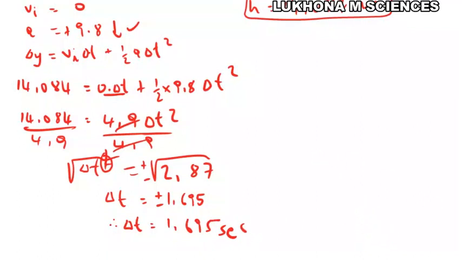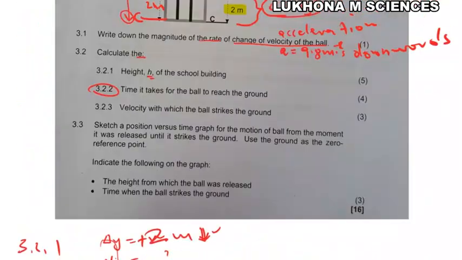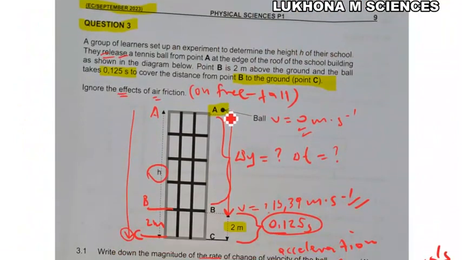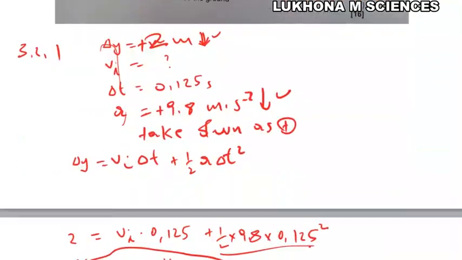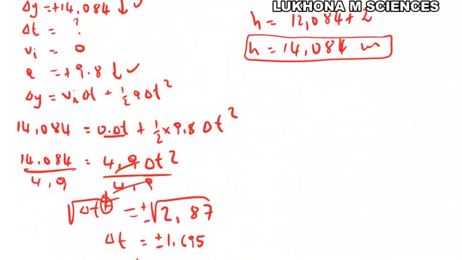Or alternatively, we can calculate the time from A to B. Then we add 0.125. Let's do that. From A to B, what we have is the initial velocity, which is equal to 0. A to B, that is AP, the time there.